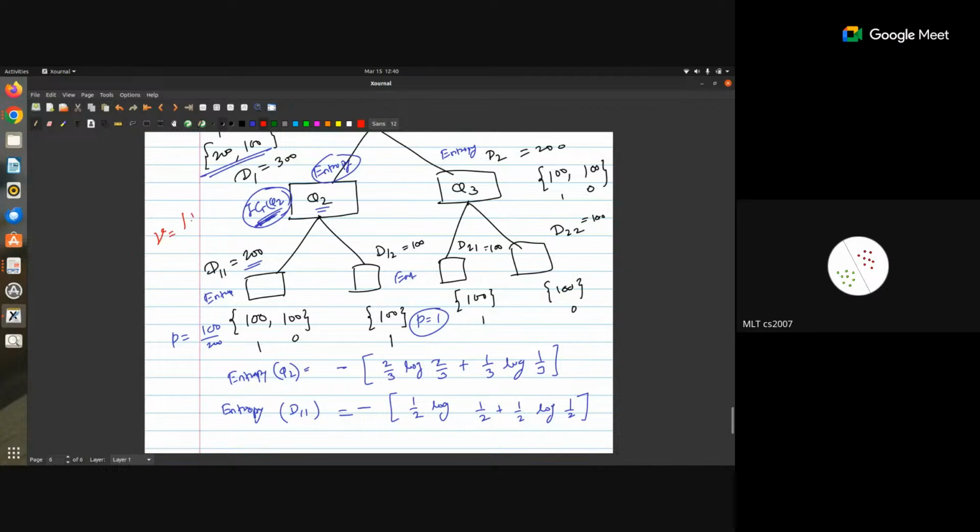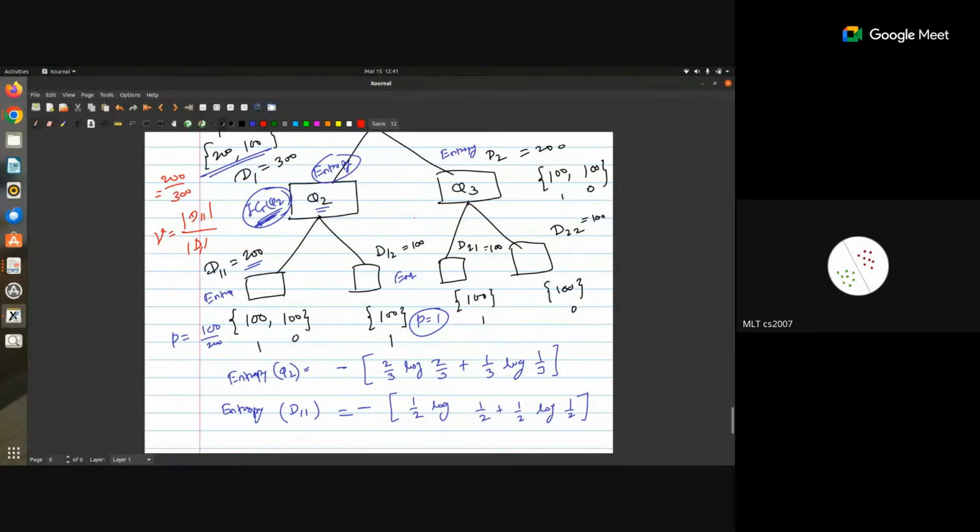In this case, let's say it will be D11: the number of data points in D11 divided by the total data points in, let's say, Q2. So that will be 200 out of 300. You can also calculate gamma for the other side. It will be 100 divided by 300, or it will become 1 minus gamma. But whatever you do is fine.